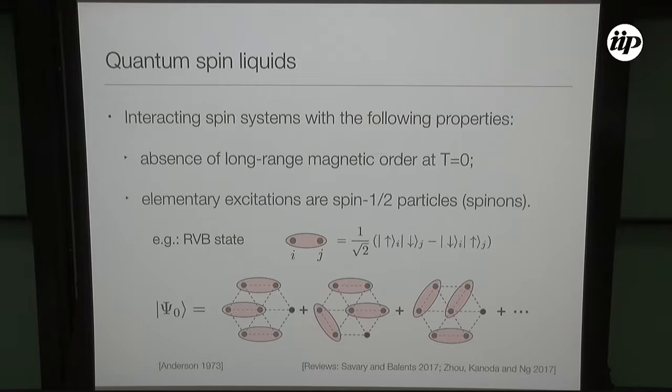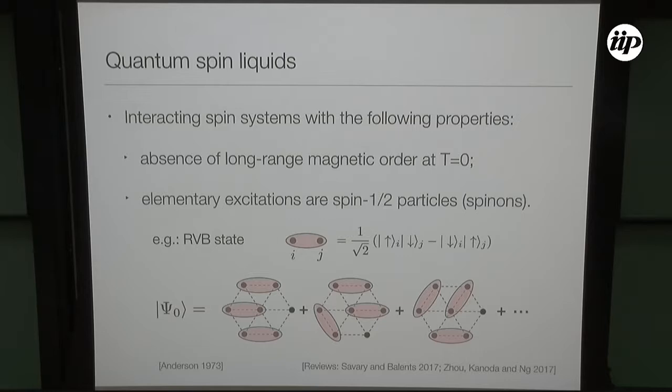And this idea goes back to Anderson's proposal back in the 70s, when he proposed this so-called RVB, or resonating valence bond state. The idea is basically that if you take just 2 spins, you can write a rotationally invariant state just by taking the singlet.